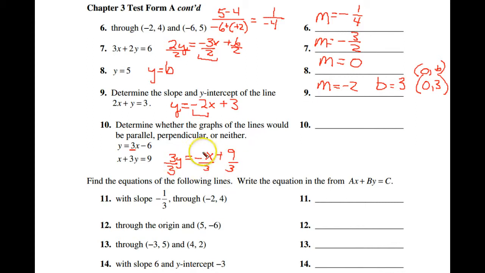So for this one, my slope is a negative 1/3, and for this one, our slope is 3. Now if I multiply these, 3 times a negative 1/3, the product is a negative 1. So when that's true, the lines are perpendicular.